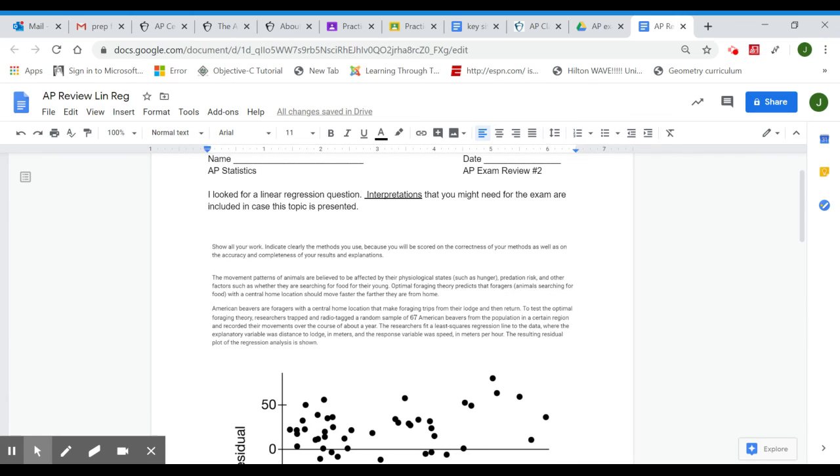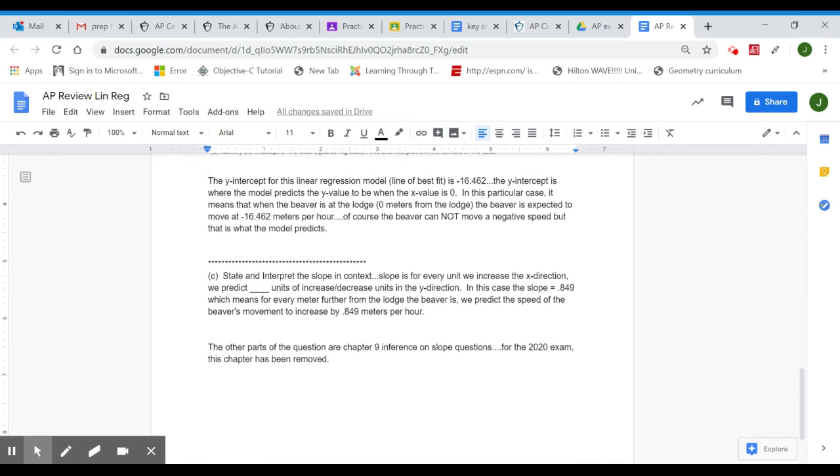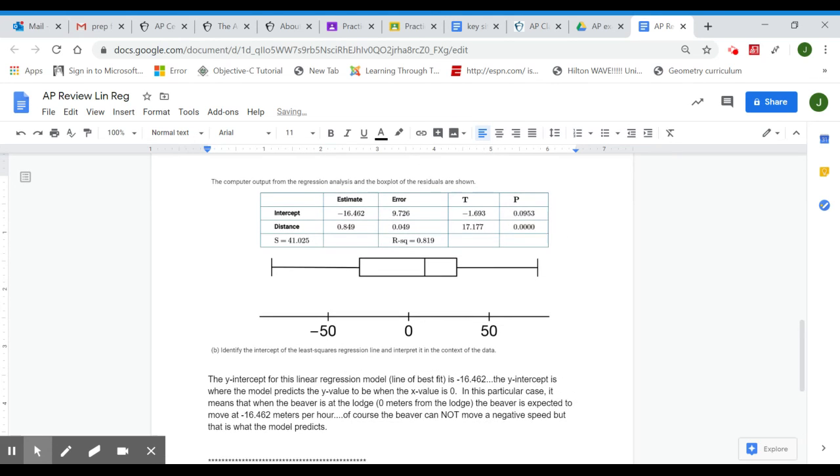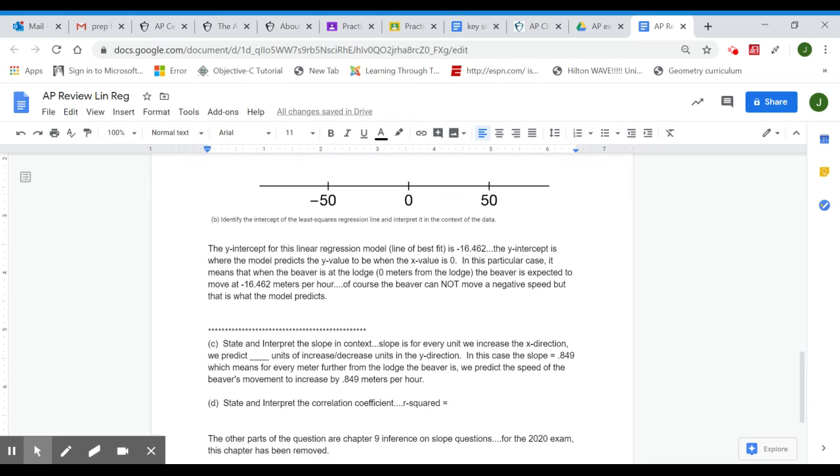So now that's the explanation of what's going on in context. Okay, so the last possible interpretation is state and interpret the correlation coefficient. Okay, so first, R squared is, does it say percentage? Oh, usually it'll say 81.9%.